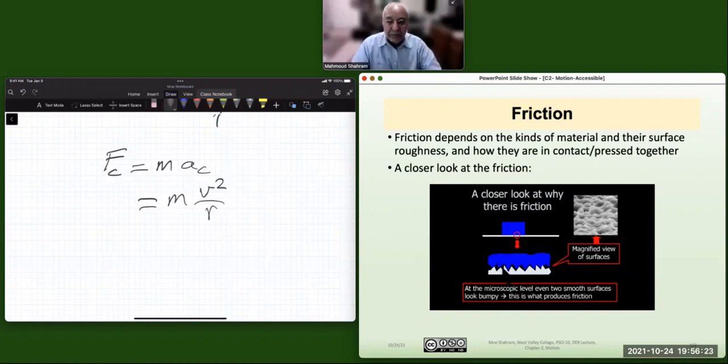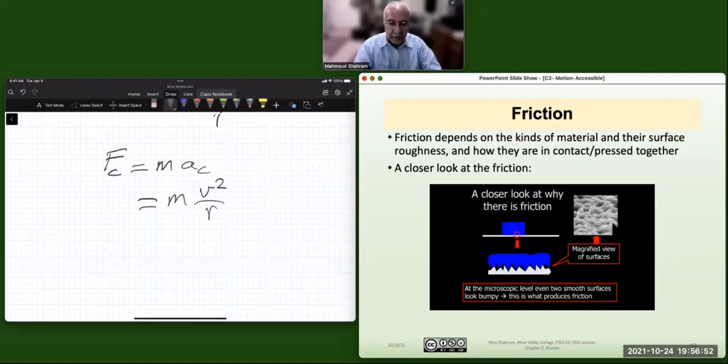You have rough surfaces that are actually interacting with each other. The molecules of one surface interact with the molecules of the other. So what you're doing, you're disturbing or displacing some of these surface molecules or atoms. They interact with each other and cause the friction.